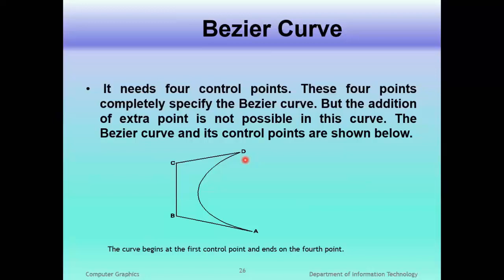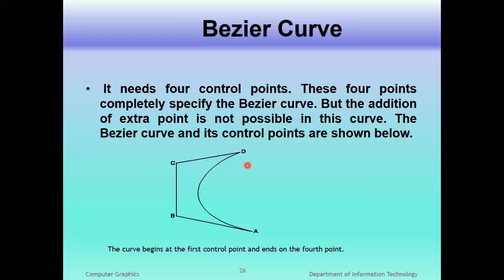There is a set of equations of the Bezier curve with which you can generate it. The equation for the Bezier curve is as follows. X is equal to x4 a cube plus 3 x3 a square into 1 minus a, plus 3 x2 a into 1 minus a whole square, plus x1 into 1 minus a whole cube.